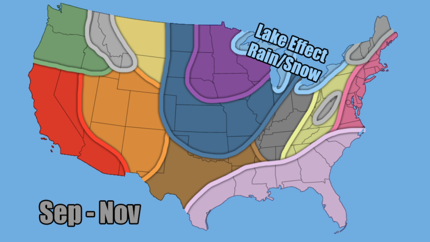So you can get lake effect rain, and you can also get lake effect snow, of course. And I do think that's going to be something to watch out for. I do think it's going to be a little bit more enhanced this fall and winter, just because of how warm the summer was, warming up the lakes, and that can really help make a lot of lake effect rain or snow, depending on how warm or cold the temperatures are.